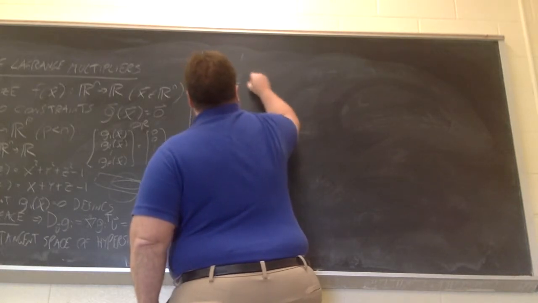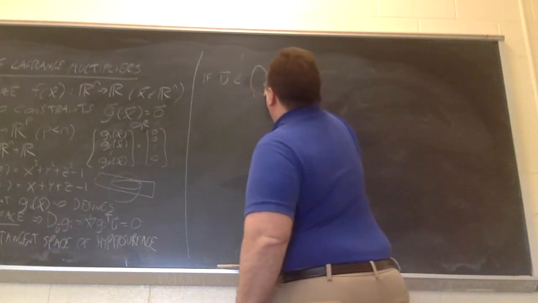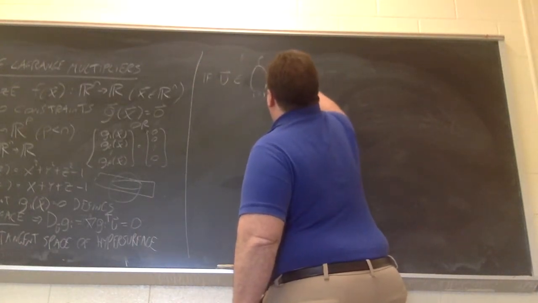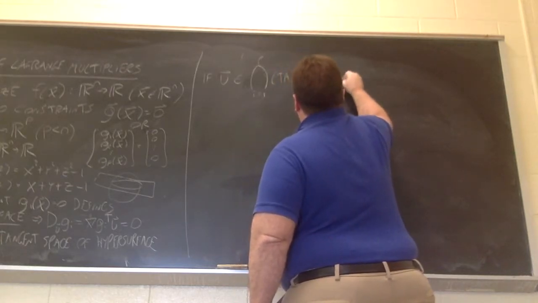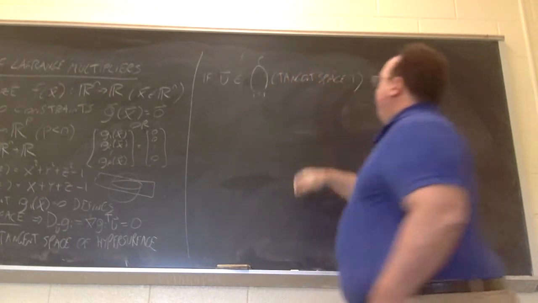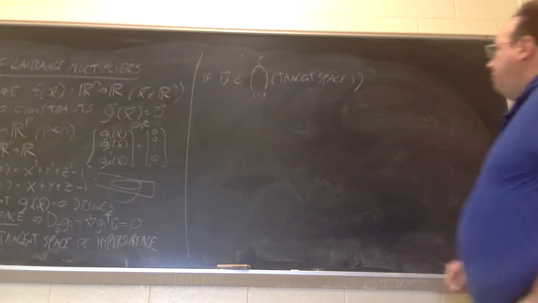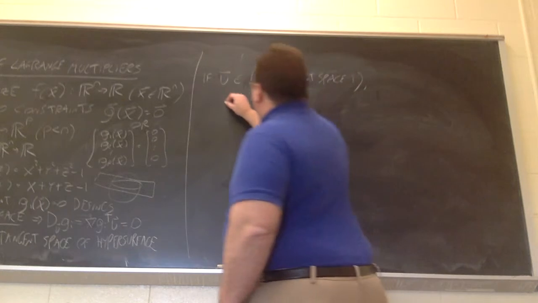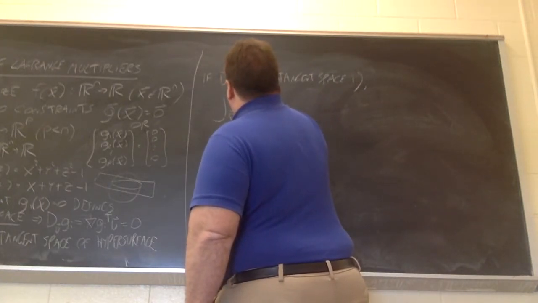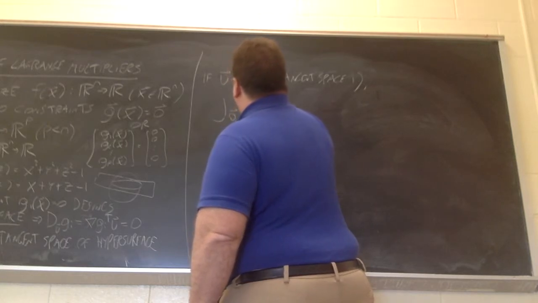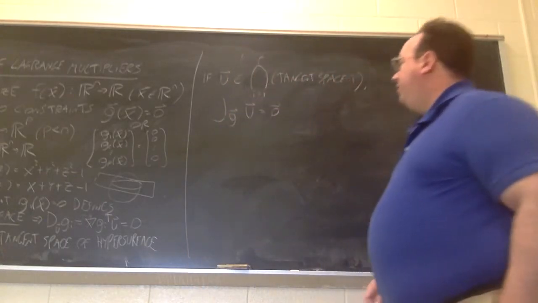If u is in the intersection of all the tangent spaces, so each tangent space i from 1 to p, if u sits in all these tangent spaces, then the Jacobian matrix of g times u, this is a matrix-vector product, must be the 0 vector.